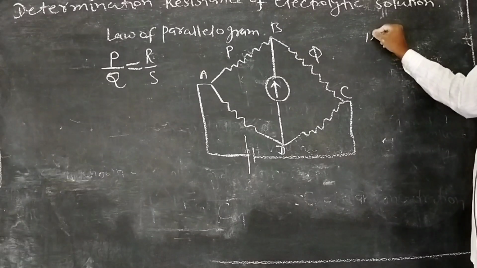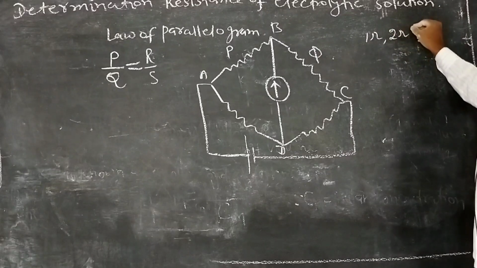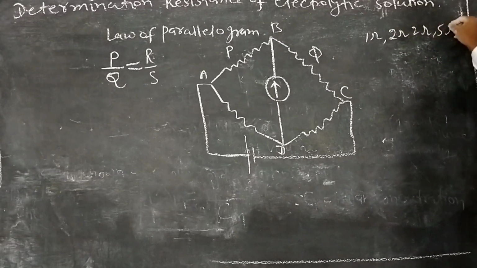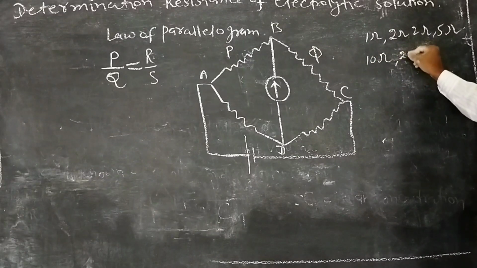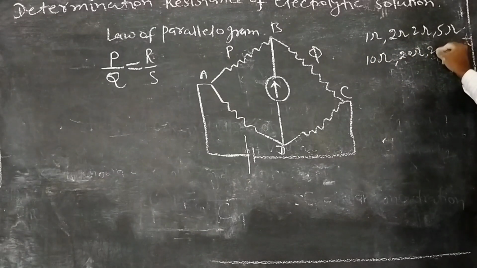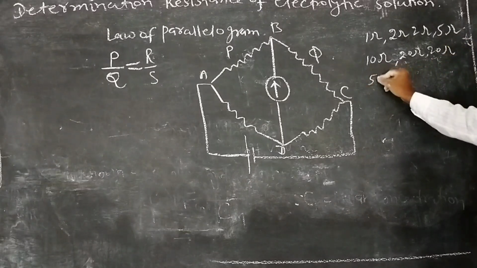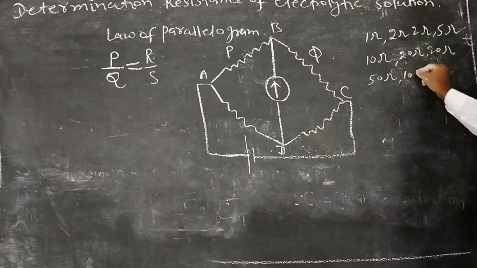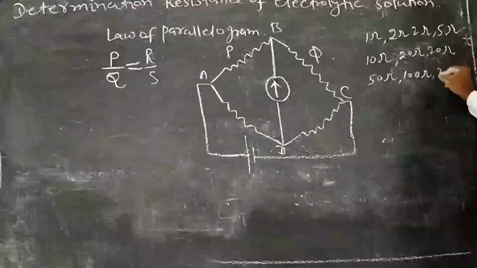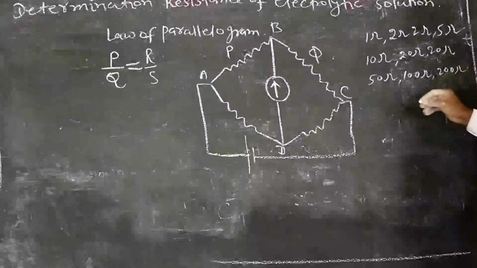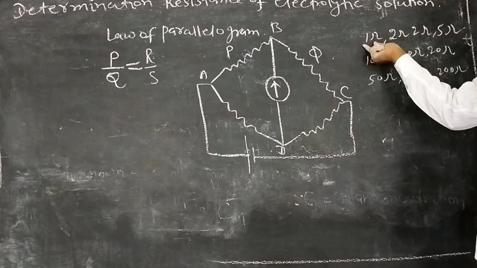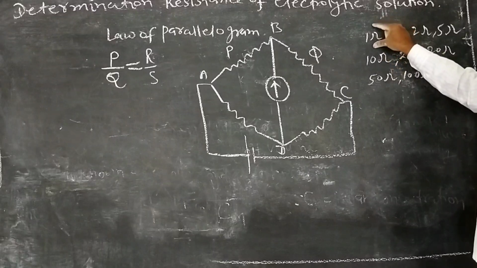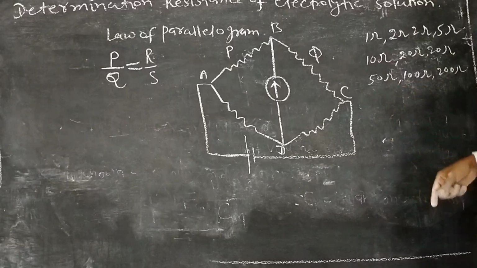It contains 1 ohm, 2 ohm twice, 5 ohm, 10 ohm, 20 ohm twice, 50 ohm, 100 ohm, 200 ohm, and so on. So when we pull the key or plug of 1 ohm, it means load is equal to 1 ohm in the circuit.